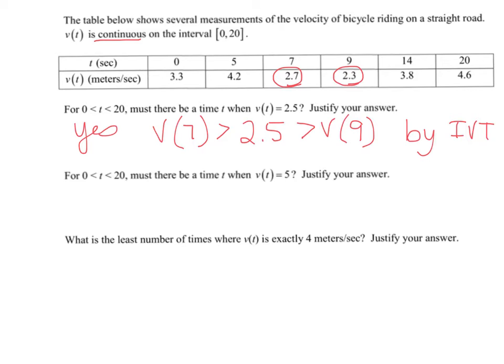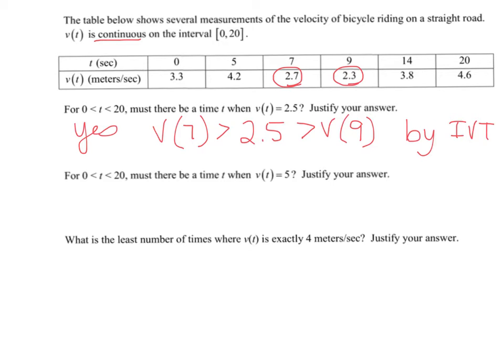So this is saying 2.5 falls in between the output for 7 and the output for 9, telling me that there must be a time t between 7 and 9 such that 2.5 is an output between v of 7 and v of 9.